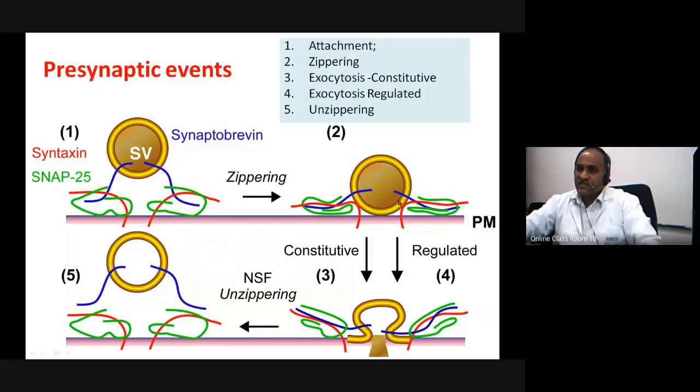So once the docking is happening, now what happens? There are certain inherent properties. Once you have these things, the membrane gets fused. And this is called constitutive properties. That means it activates certain systems so that the energy is released. So now it gets fused with the membrane.